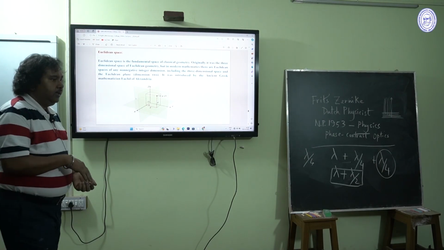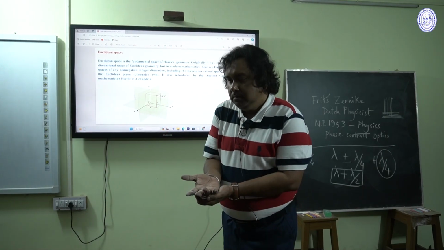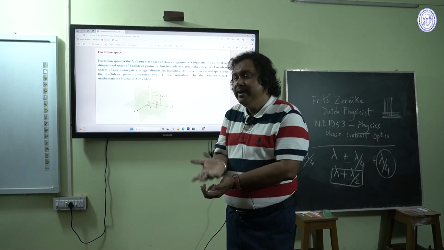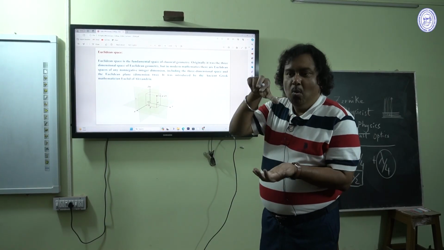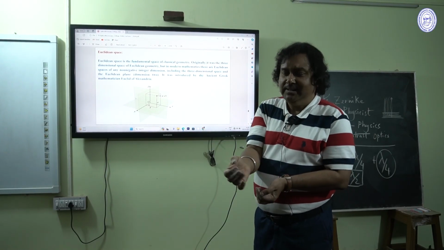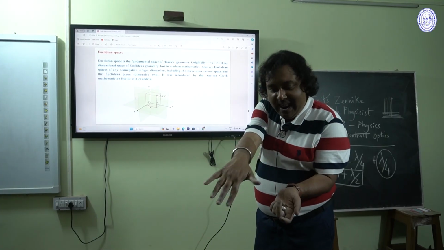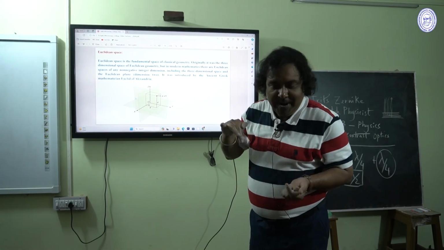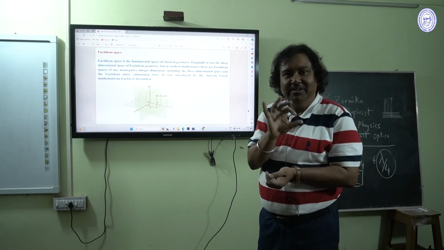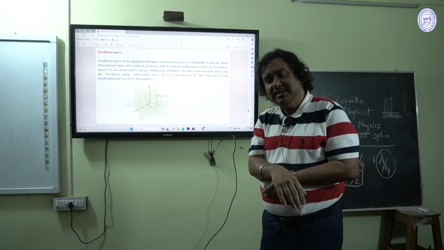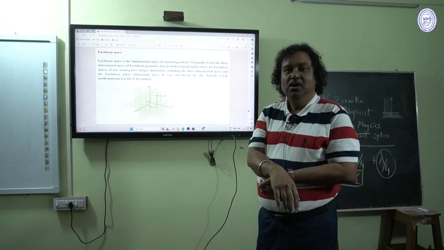That is the Euclidean space. Suppose, in the case of confocal microscope, you are talking about 3D imaging. I am giving an example. A book on cell biology or microbiology, whatever it may be, has the same length and same width, but one book has 300 pages, and another book has 1000 pages.